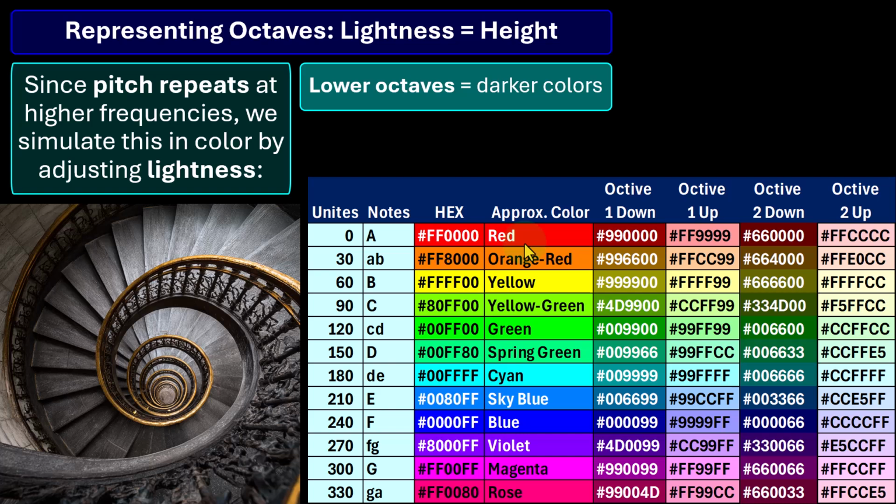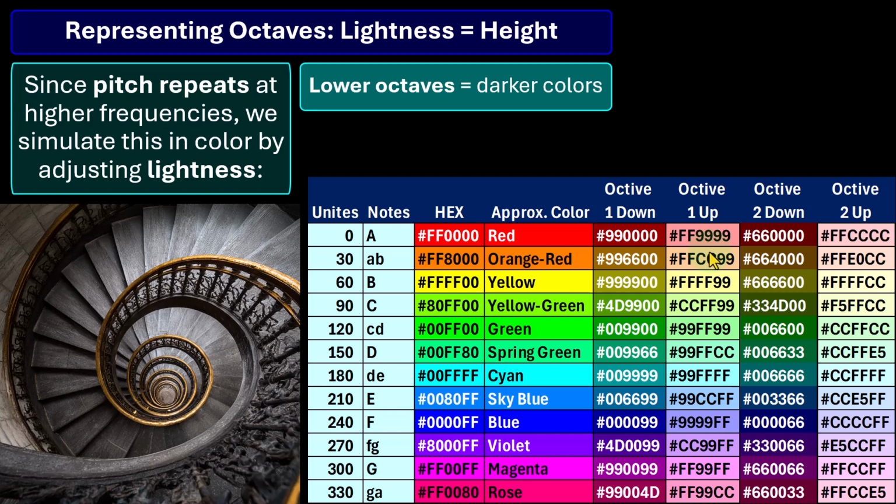And then I can say, okay, well, what if I go up an octave, right? So what if I'm in the middle of the piano, like 440 hertz A, not the middle C, but the A, to the upper A, to 880 A. And if I go higher than that, I can keep it at red, but now I'm going to say the lightness is now lighter. So I'm going to make it a shade lighter.